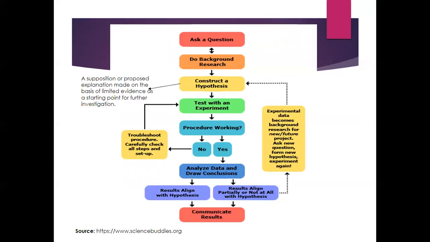Okay, so we have a summary here and we will look at each one in just a little bit more detail. So as I indicated, you start your investigation with a question. Again, note here, you have a dual way relationship between doing background research and a question, because what happens is you will start with an initial question in mind about a particular phenomena that's happening in your environment.